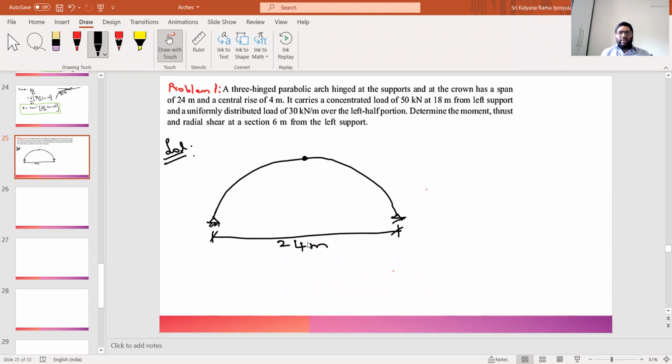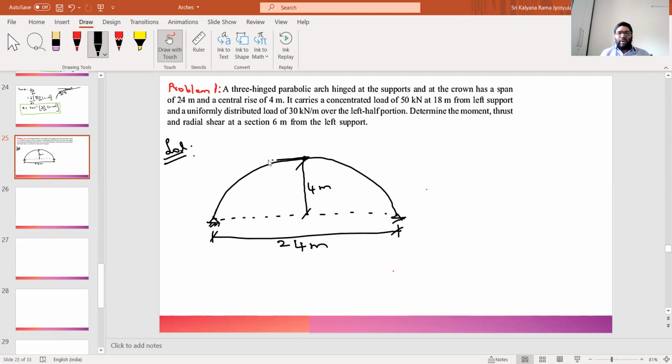This is 24 meters. It carries a concentrated load. Before that, a central rise of 4 meters. So central rise means this distance y. This is 4 meters, and it carries a concentrated load.